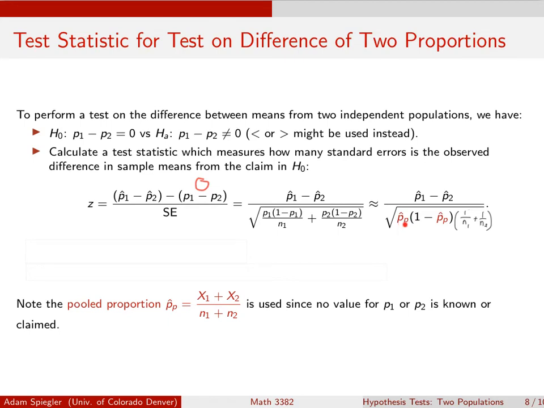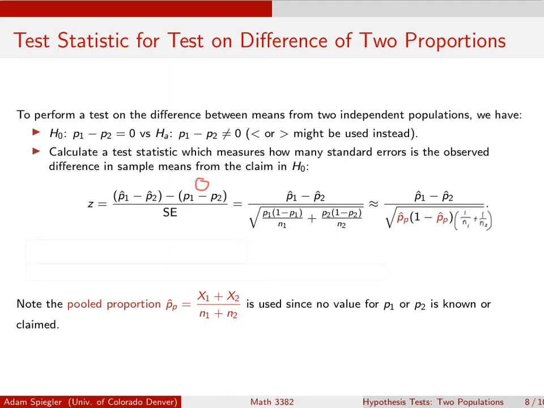So we can multiply the pooled proportion times 1 minus the pooled proportion times the quantity 1 over n1 plus 1 over n2. It's a slightly complicated looking formula that you want to be careful with how you enter into a calculator or however you're computing this. But that's how we can calculate the test statistic.